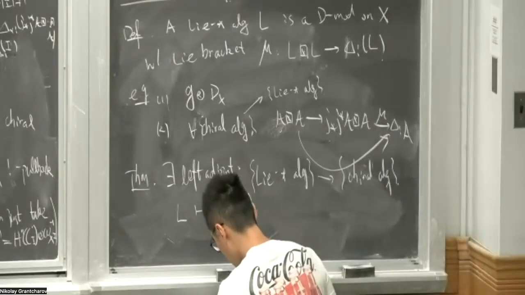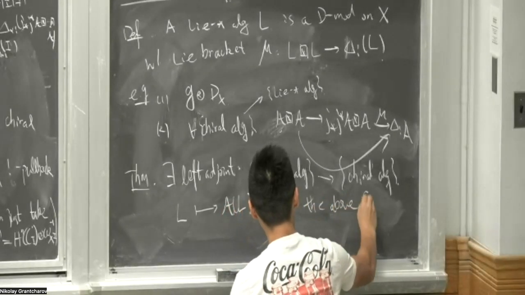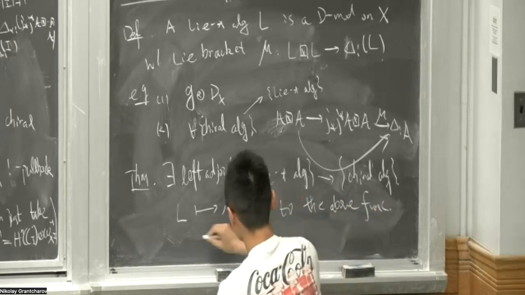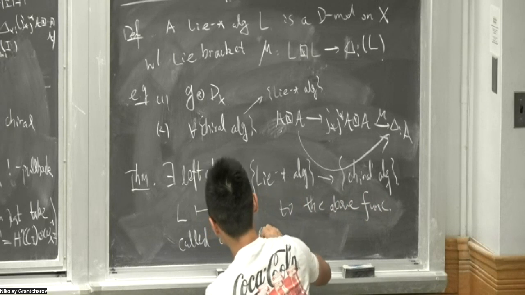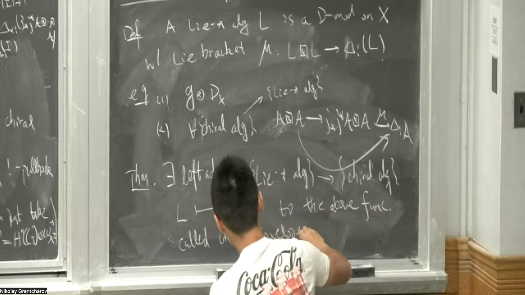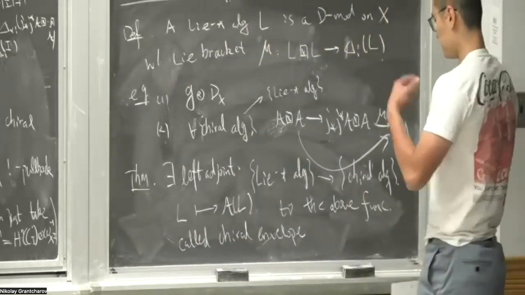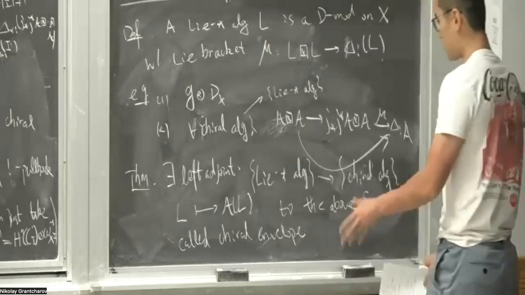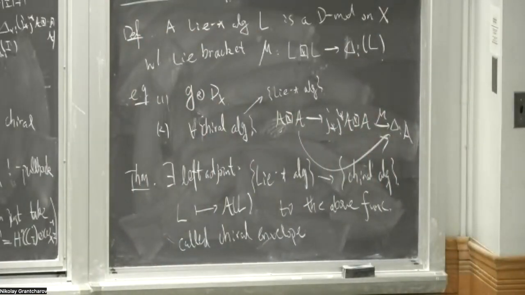So A of L will be a functor to the category of chiral algebras. The reason is that it's sort of like a universal envelope of L. Okay, so let's do the proof and see what A actually is.